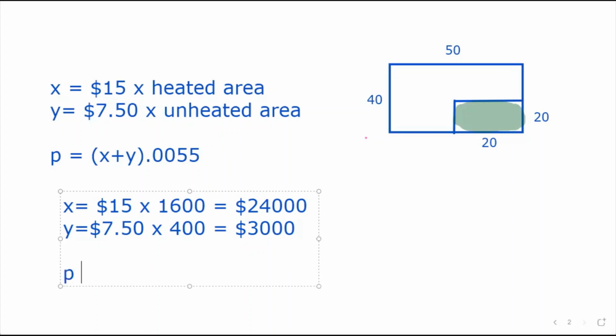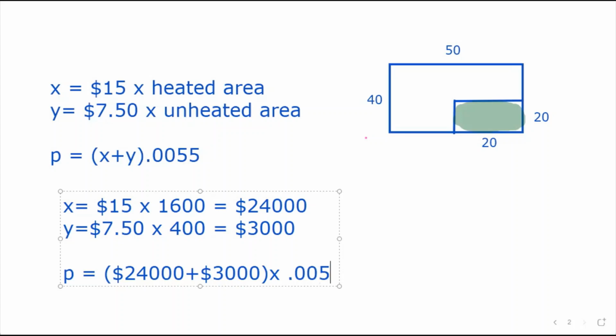And for the cost of our permit, remember we add those two together, and we multiply them times 0.0055.